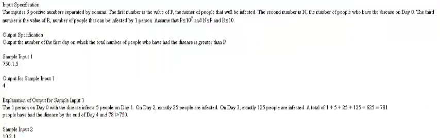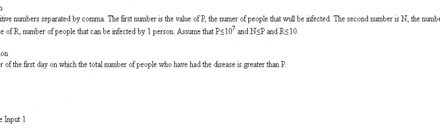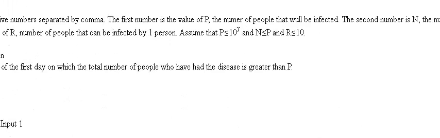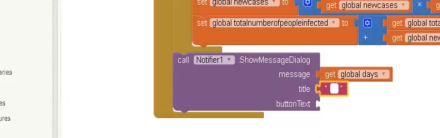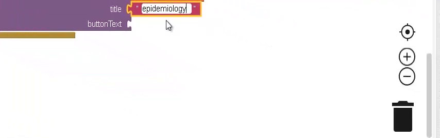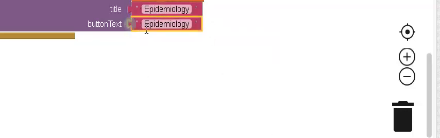For the title, I'm going to go back here and copy the text, go back here, paste it, and for the text on the button, I type OK. And that's all there is to this app.